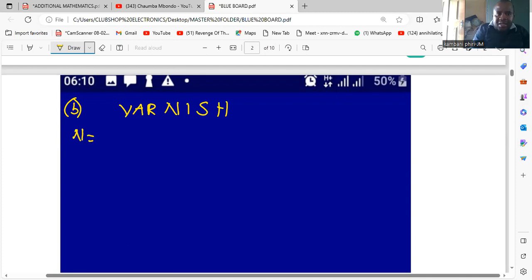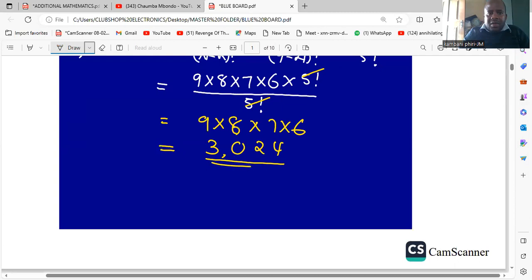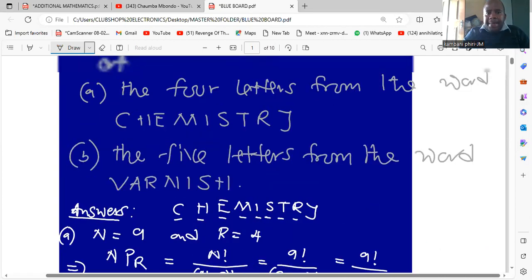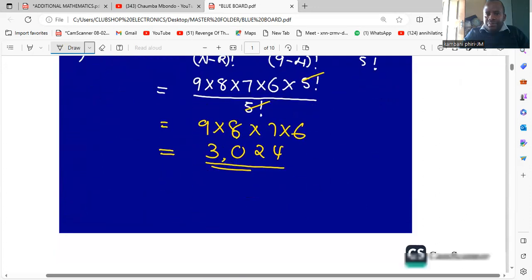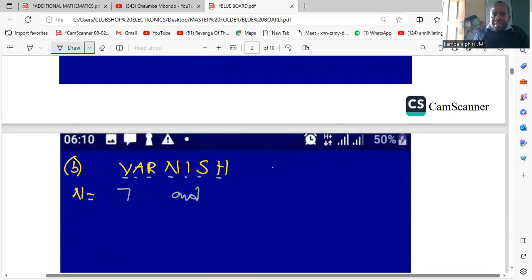We count how many letters we have here. So we have 1, 2, 3, 4, 5, 6, 7. Our n is 7. Now, I can take you back to the question. We are interested in 5, so it means our r is 5.